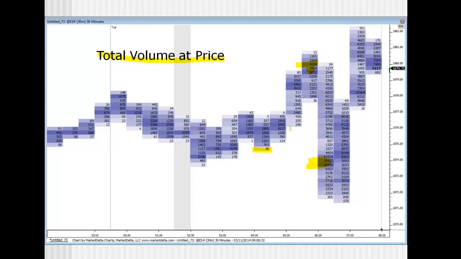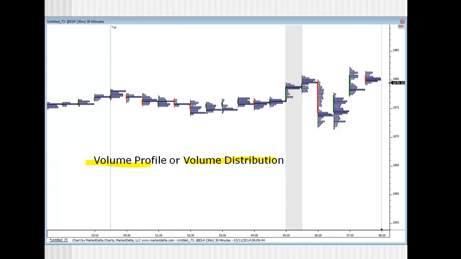So here we actually see the numbers. In this case, when we look at it this way, we see bars, we see a histogram, and we see different color intensities, again, based on which of these bars had a more intense and a greater level of volume. Again, the dark colors are areas of intense volume activity.